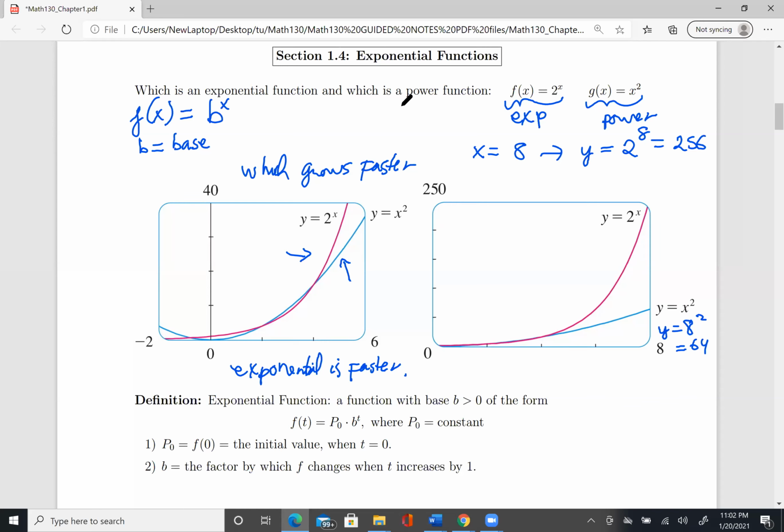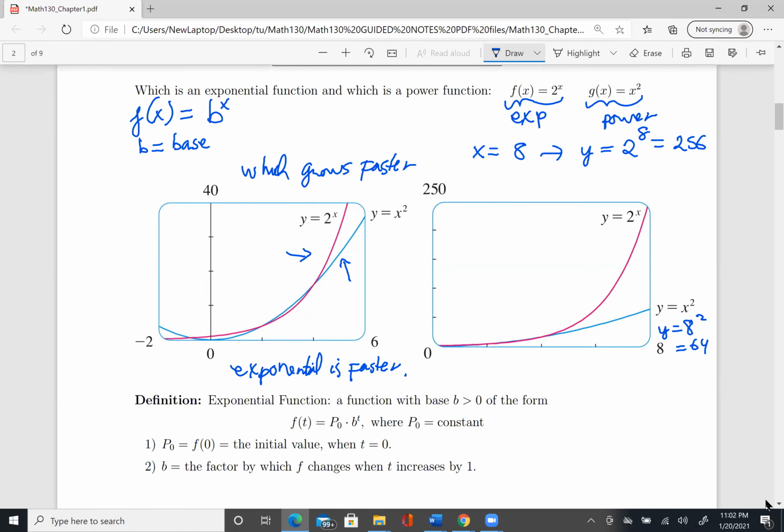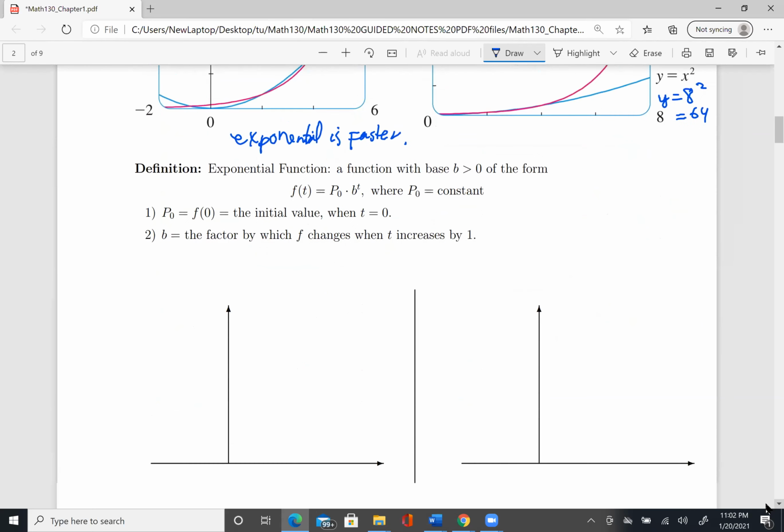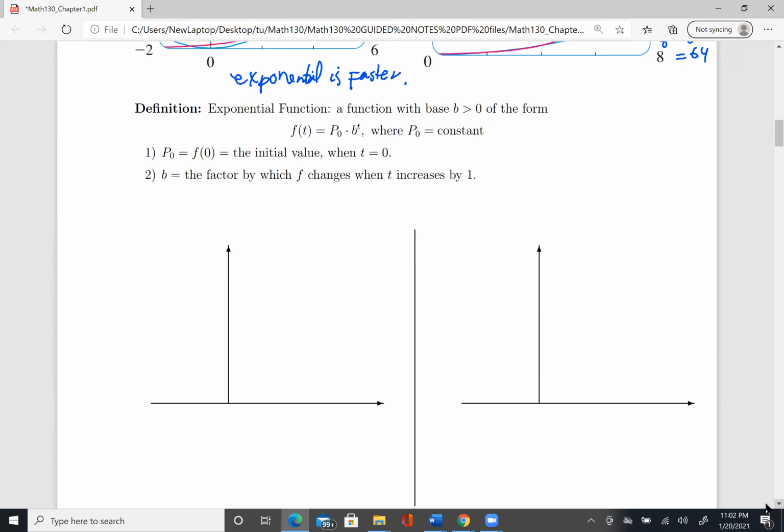Now let's take a look at the definition of the exponential function down here. You should remember that the base has to be greater than 0. The exponential function is in the form p0 multiplied by b to the power t, where p0 is a constant.